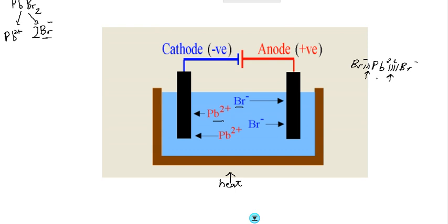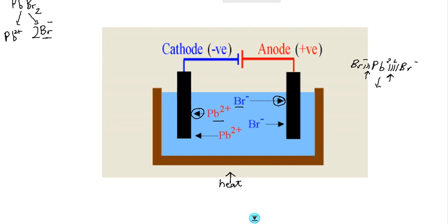When the bonds are broken, the lead ions and the bromide ions are free to move, and this applies to any ionic compound. They have to be free to move in order to migrate towards the anode and towards the cathode. If you don't heat it, this won't happen. The other way to do it would be to dissolve it in water.